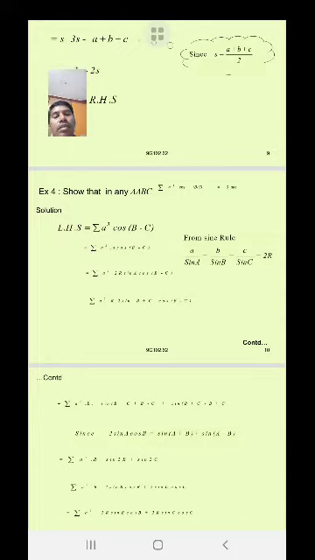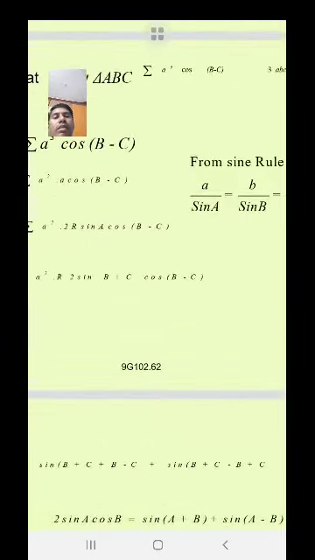Then next step, that equals sigma a square into r into 2 sine a. Here we can write in place of a, 180 minus (b plus c). So 180 minus (b plus c) means second quadrant.